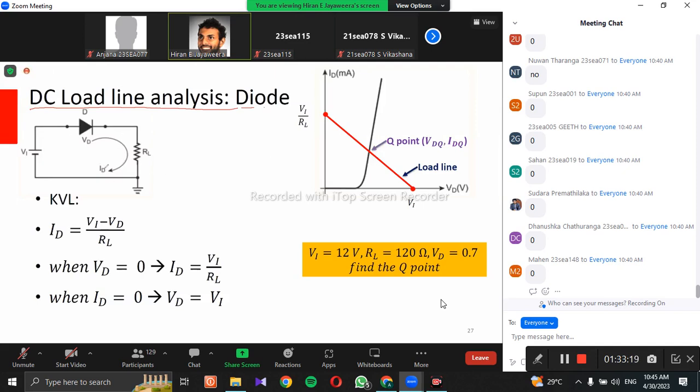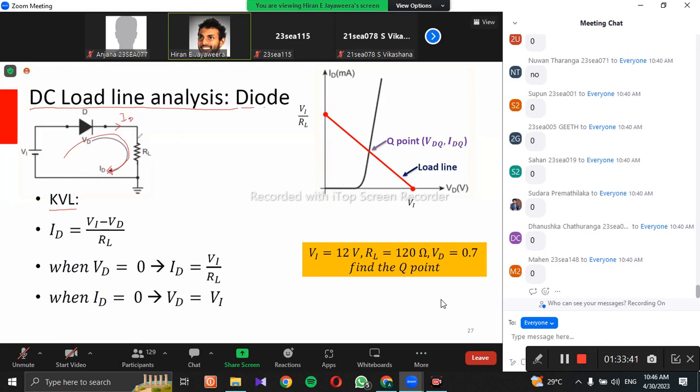Now, what we usually do is apply Kirchhoff's voltage law to this circuit. So we can apply it to this loop and find the current through the diode. So this is ID.